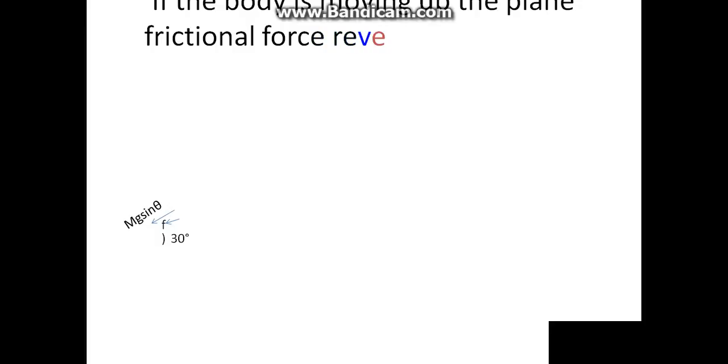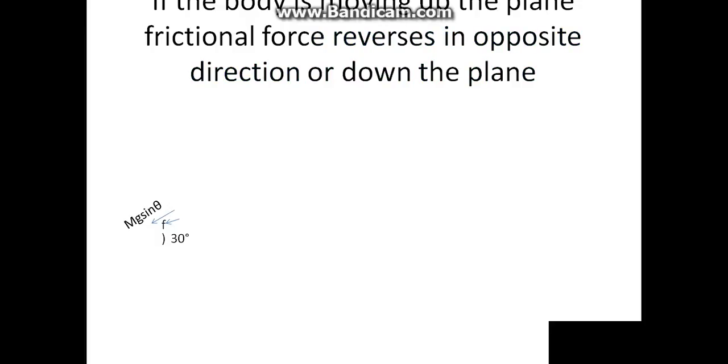If the body is moving up the plane, the frictional force reverses and acts in the opposite direction, down the plane. That means looking at the body having a mass of 10 kg moving up an inclined plane of 30 degrees, the frictional force will be in the opposite direction, while the force acting along the plane will now become mg sin theta.